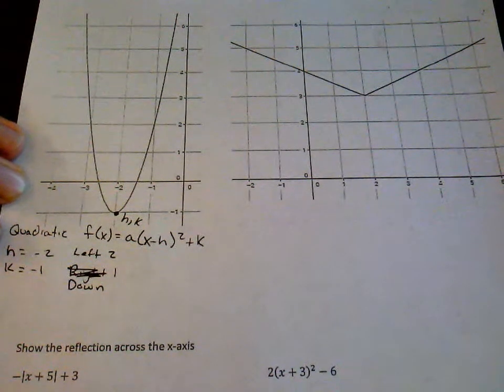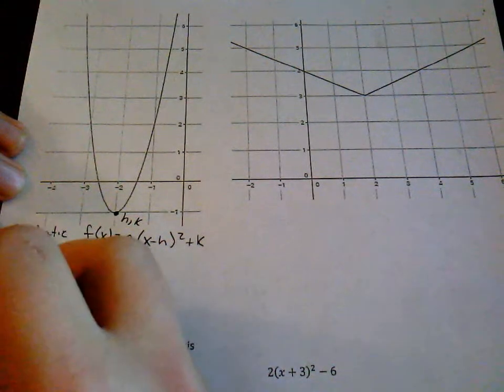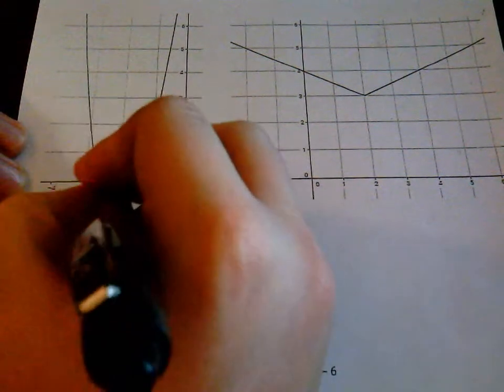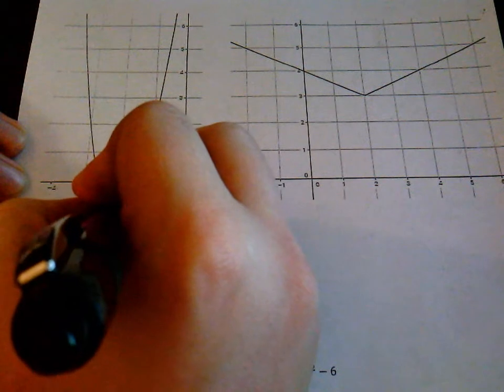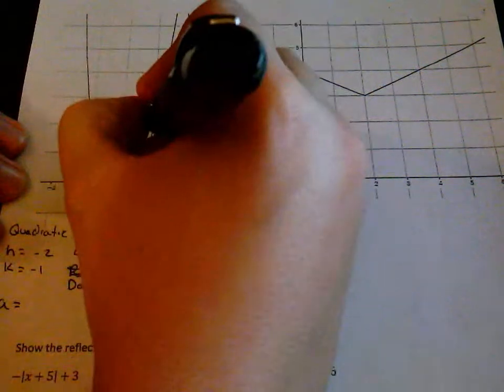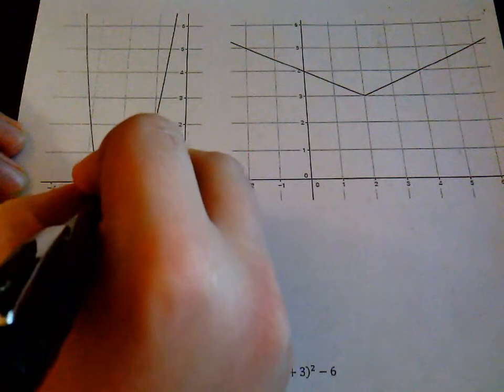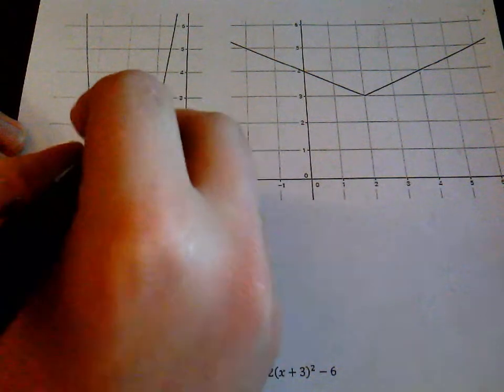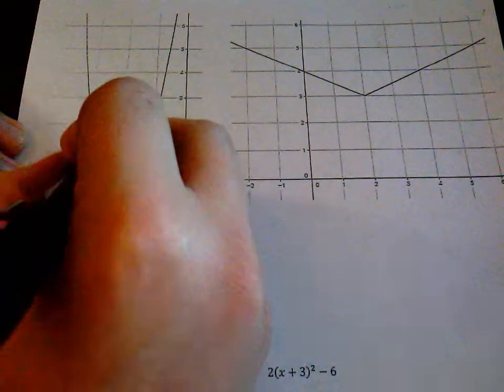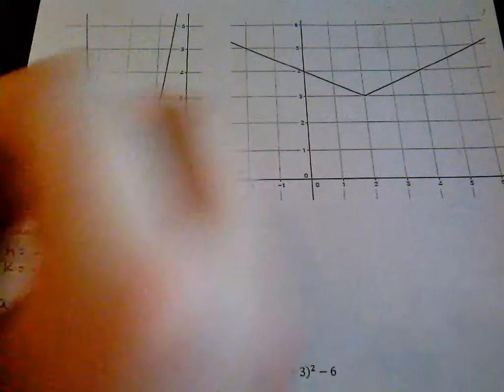Now we have to find our slope, or a. A equals, if we go up 1, 2, 3, so we went up 3, we went over 1.